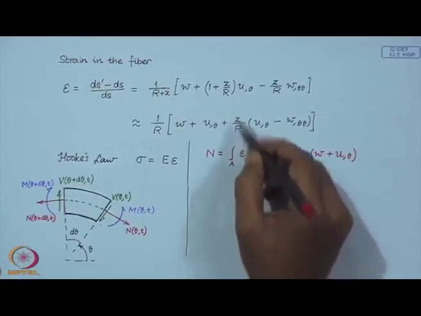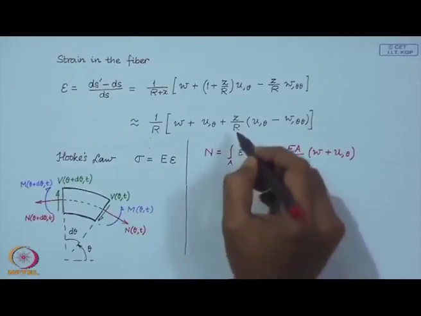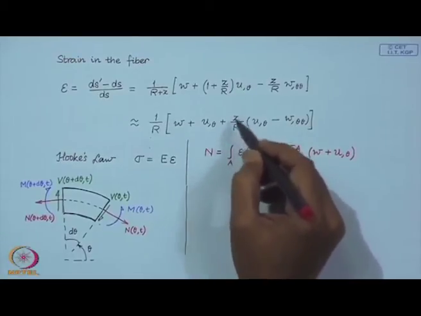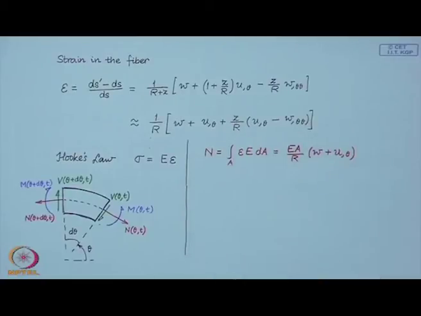So, when you integrate over the area, since this is already measured from the neutral fiber, this term will vanish. So, you are left with this. So, this is the expression of the normal force on the face.